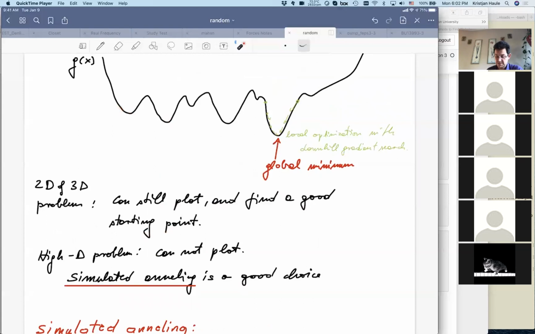You start somewhere here and you get the exact local minimum. If you have a finite number of points, say a point here, here, here, and here, then you would not see the exact shape of the function, so you might miss a little bit of it. Then you might just estimate with the downhill method.